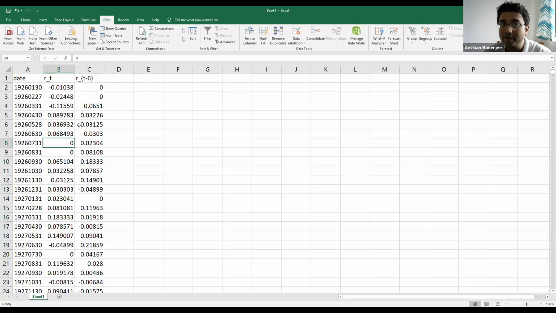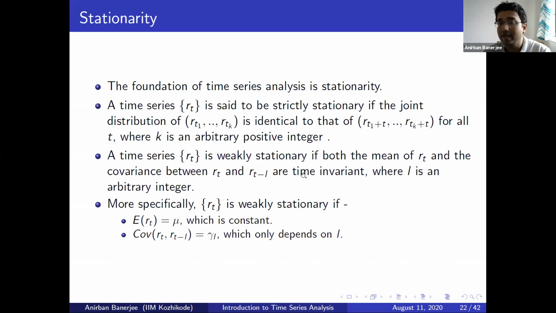If the covariance between these two, RT and RT minus L, if these are time invariant, where L is an arbitrary integer, then we can say it is weakly stationary. In mathematical terms, what do you mean? RT is weakly stationary if E of RT equals mu, which is a constant.